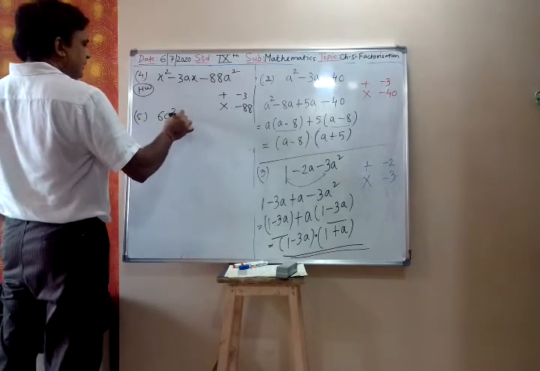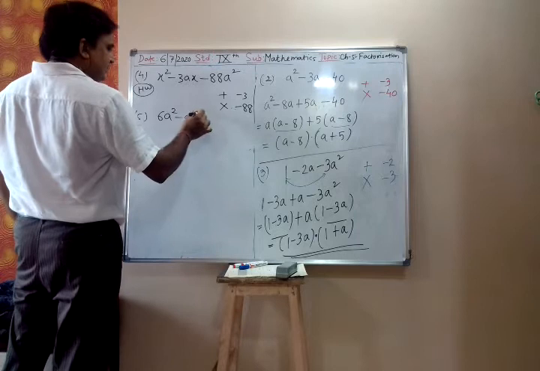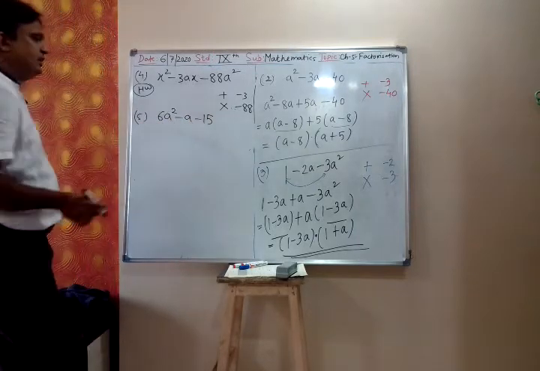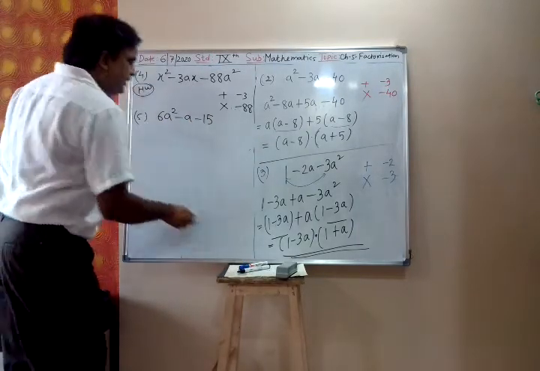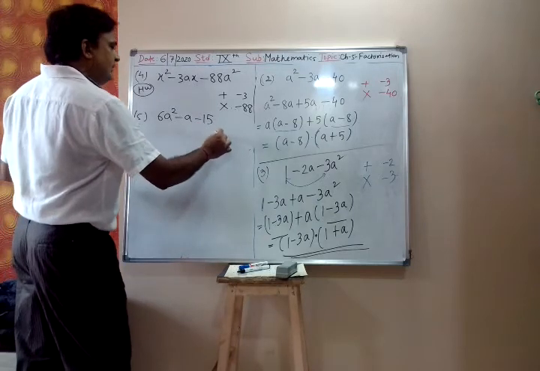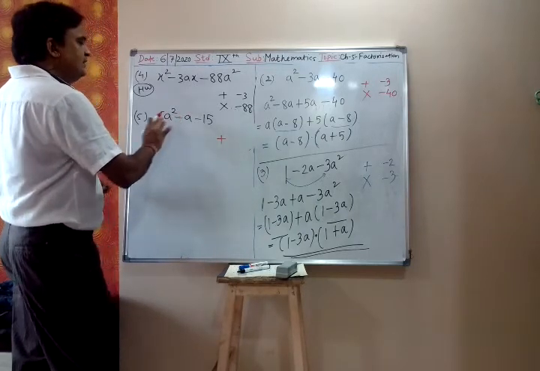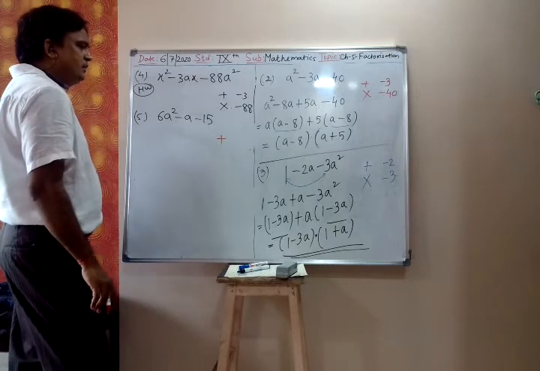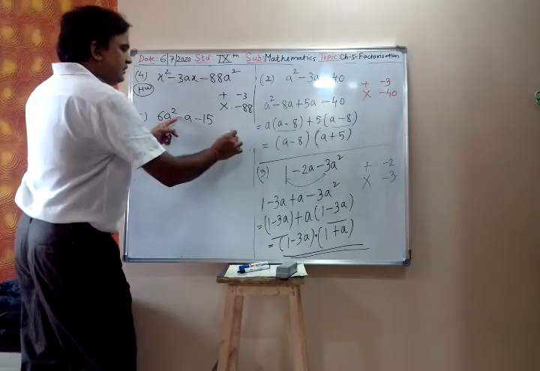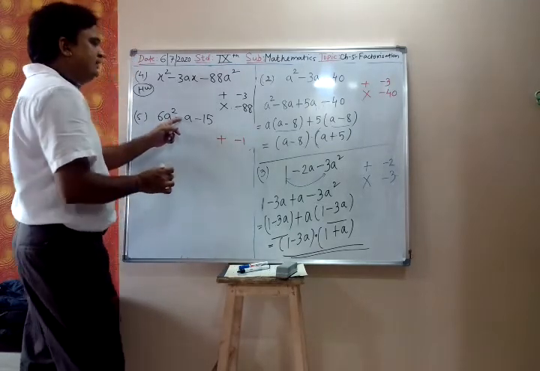6a square minus a minus 15. Again this is quadratic. Find two numbers whose sum is minus a, which means minus 1.